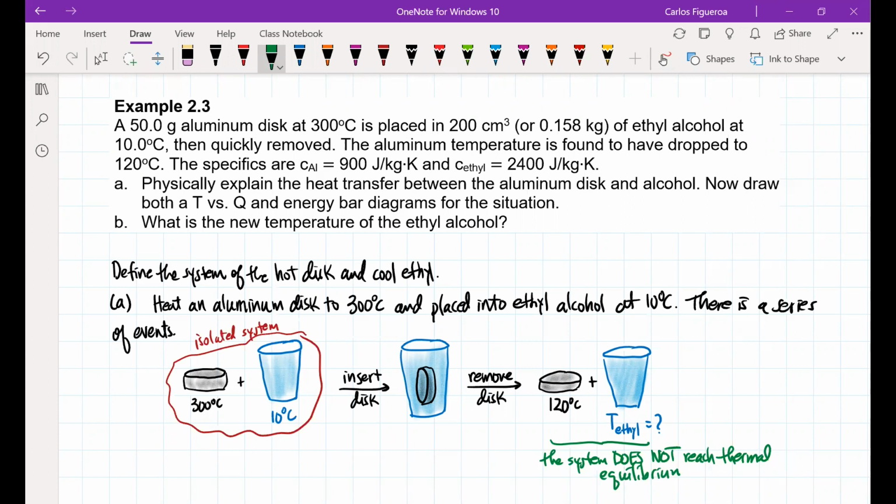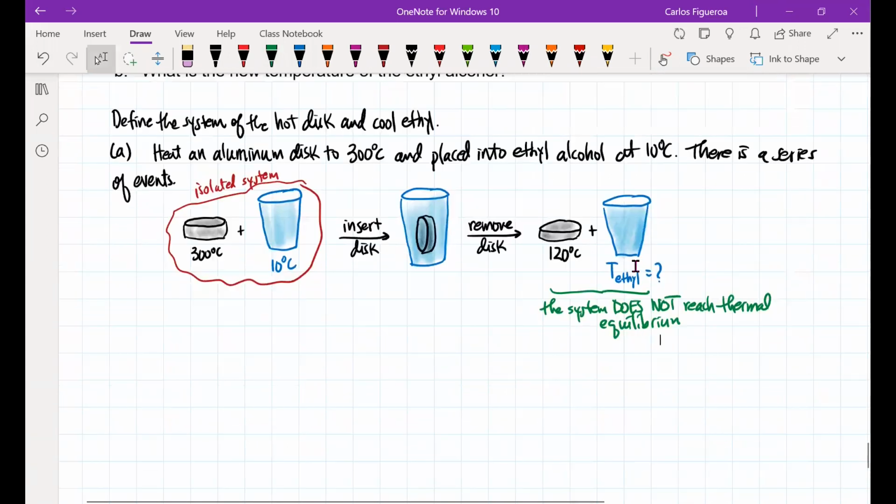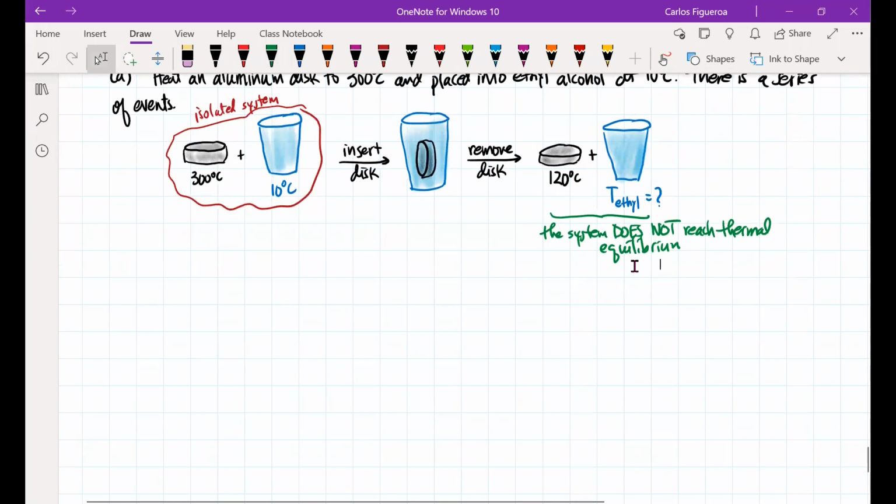So they're not at the same temperature. Now that we have a picture, let's move on.